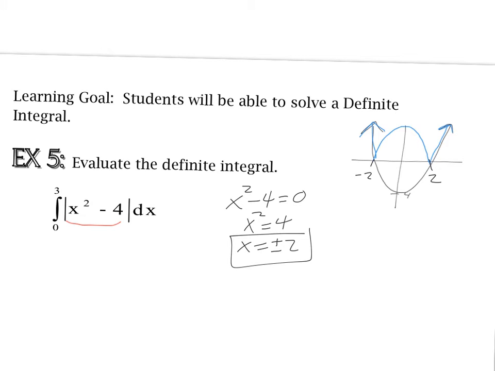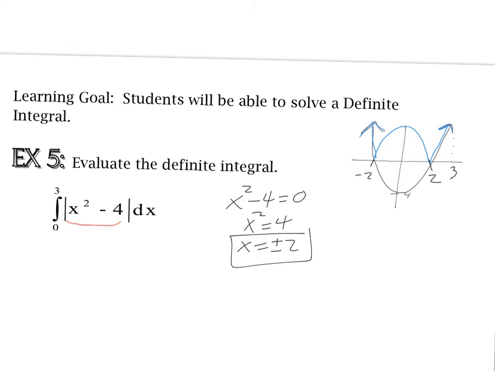All right. Well, so the whole point of this is that if we didn't have the absolute value, we'd have this negative area and then some positive area here, because we're going, obviously, till 3. But now we're going to have 2 positive areas.